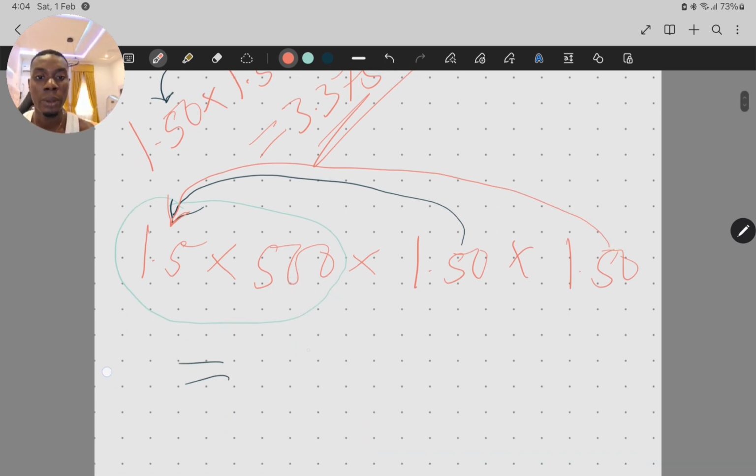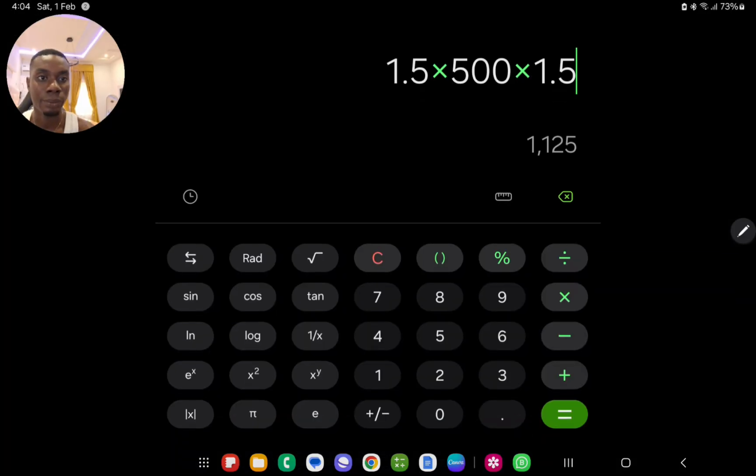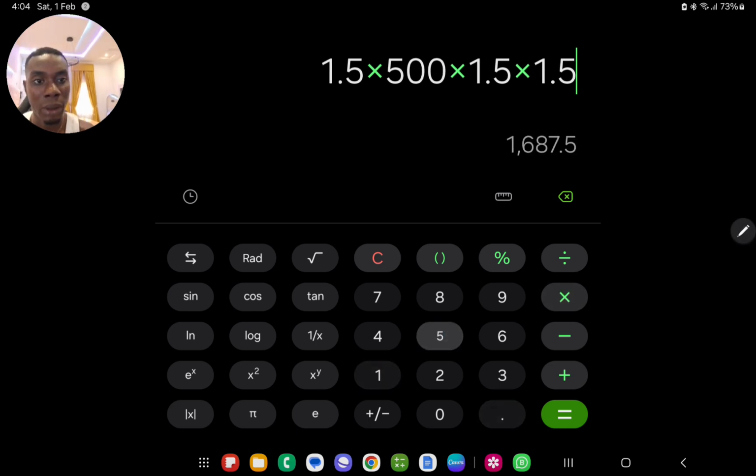Okay, so you are going to have this 1000. For the 2 we are having this, so for the 3 we are having this 1687 naira.